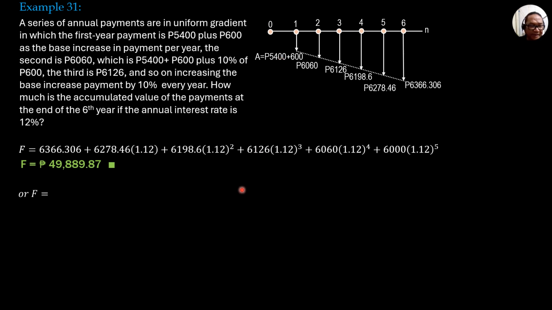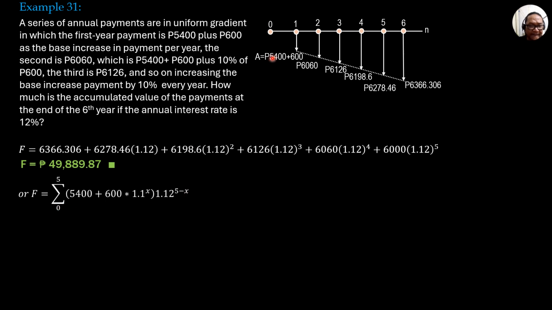For the summation notation, depending on the limits, the summation from 0 to 5 of 5,400 plus 600 times 1.1 to the x, then quantity 1.12 to the 5 minus x. So let's study first before you calculate. Let's check the reason why the power of 1.12 is 5 minus x, because it begins with 0.